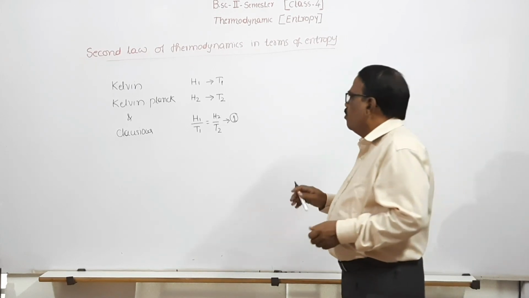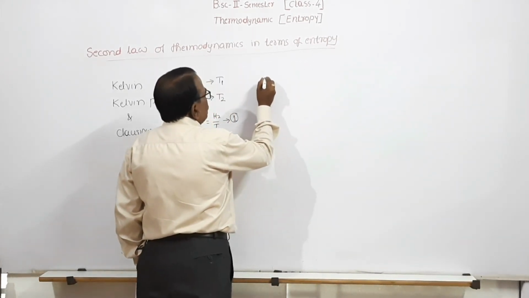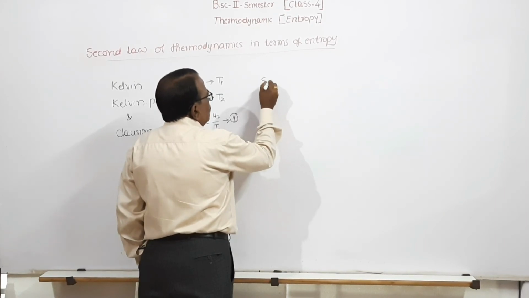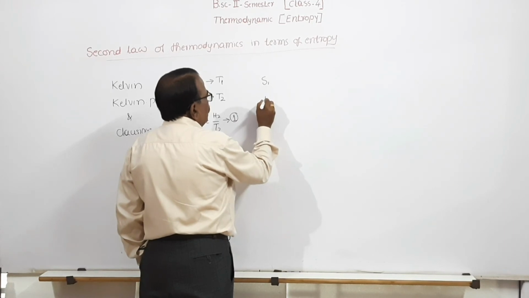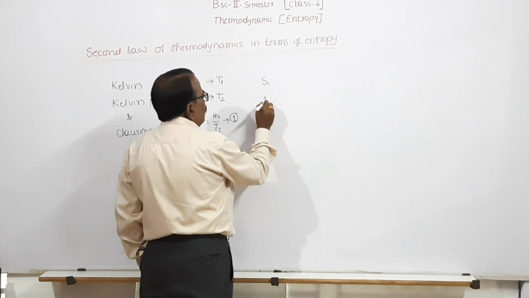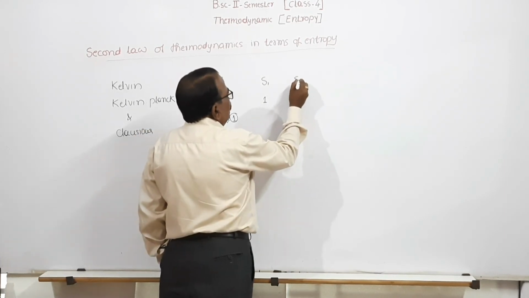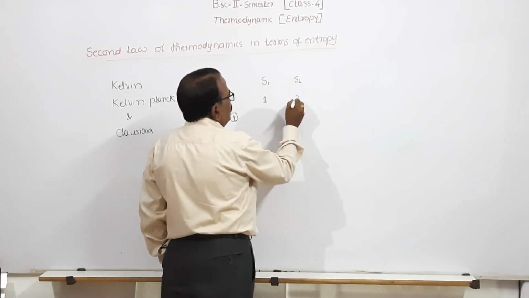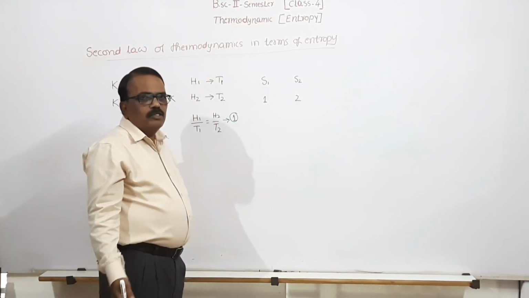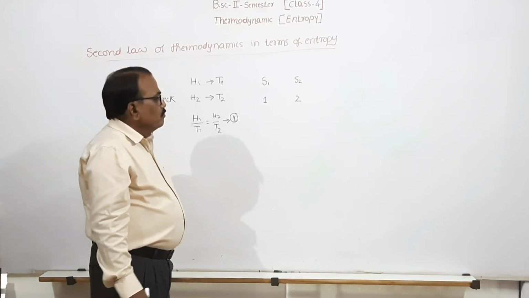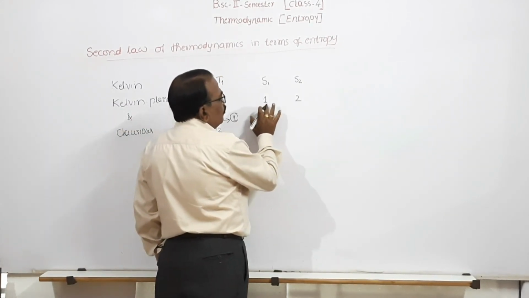So to write the law in mathematical form, let S1 be the entropy of a thermodynamical state 1 and S2 its entropy in state 2. S1 and S2 are arbitrary, just names are given. Then the state goes from 1 to 2.